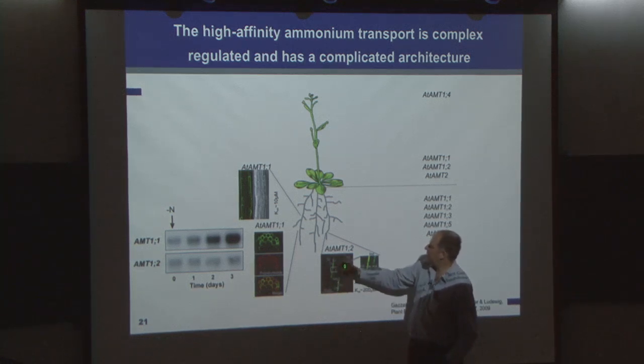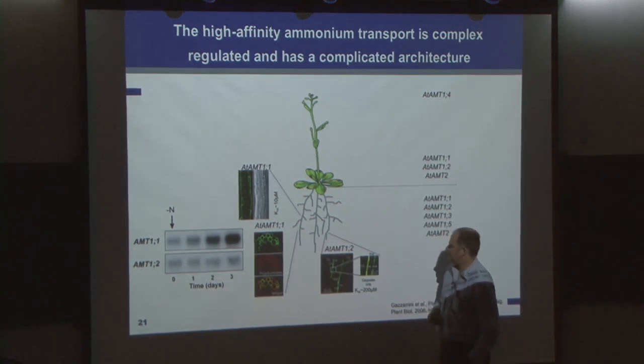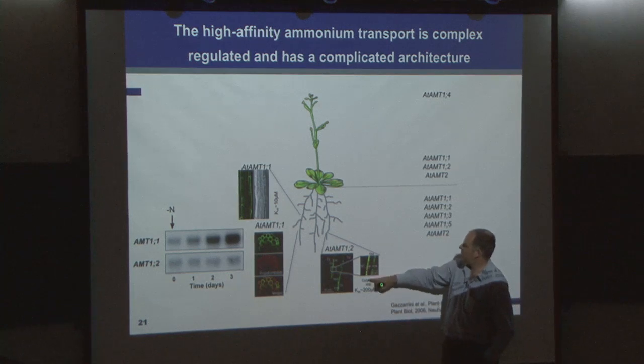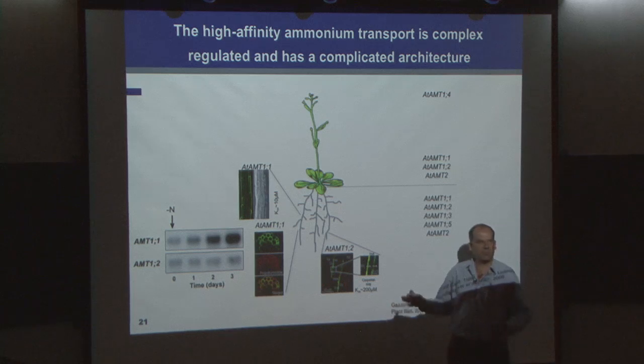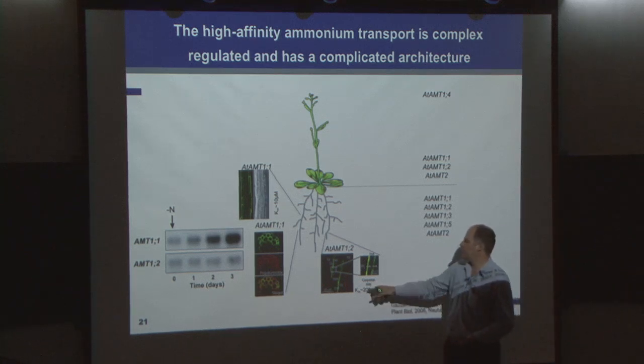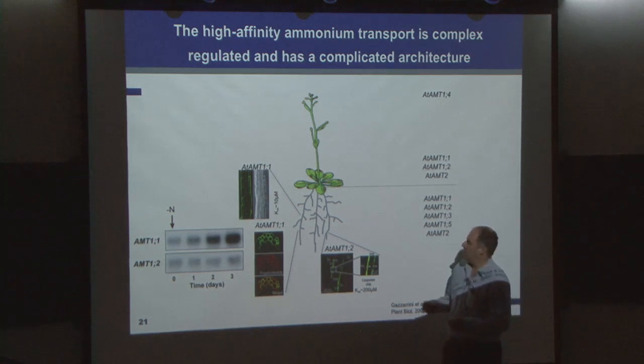It is expressed in the endodermis and the cortex, where ammonium, after being taken up by outer cell layers, is transferred further to the vascular system. Yeah, and across this Casparian strip, you have to have some ammonium transporter. This Casparian strip is impermeable to nutrients, and so this ammonium transporter is involved there.